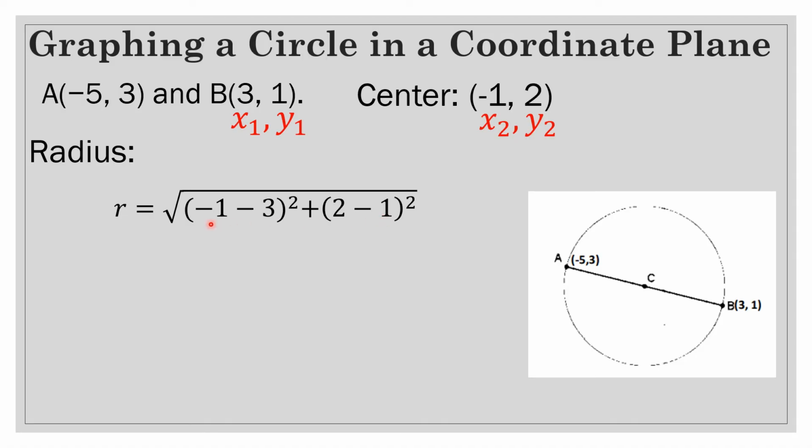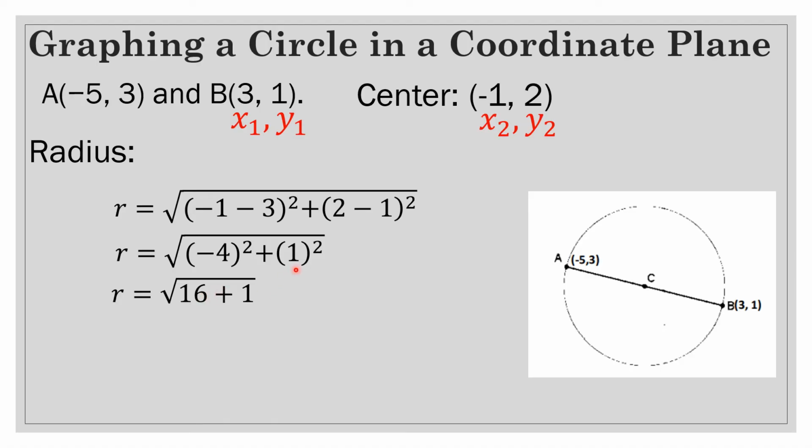So, simplifying this, -1 minus 3, that is -4. 2 minus 1 is 1. So, squared natin yung -4, that is 16. Squared yung 1, that is 1. So, 16 plus 1 is 17. So, yung radius natin is square root of 17 units.